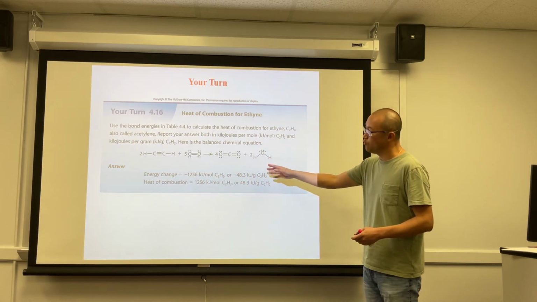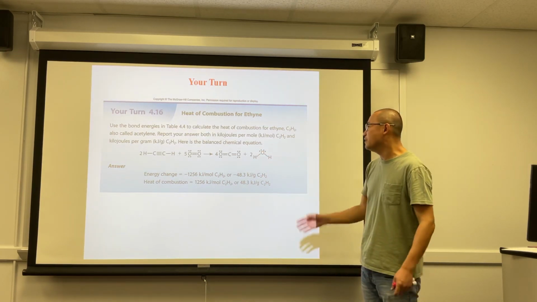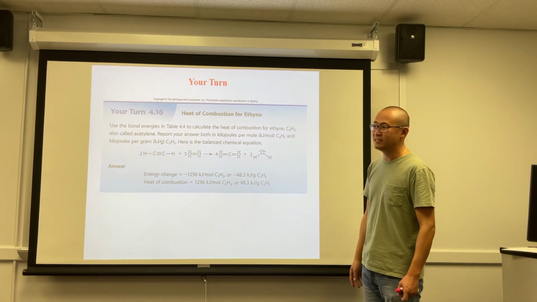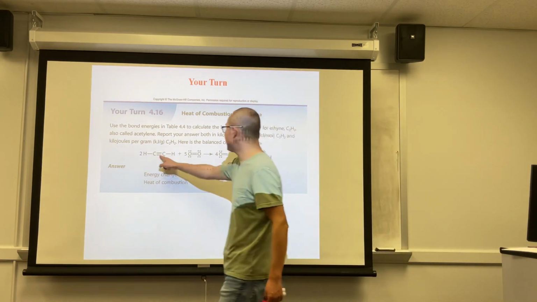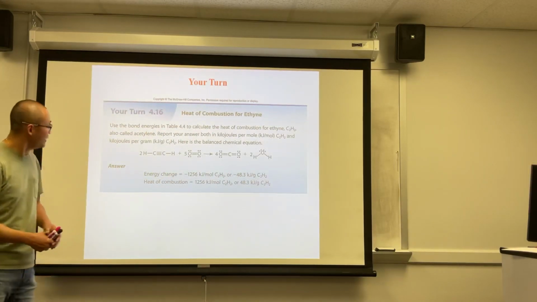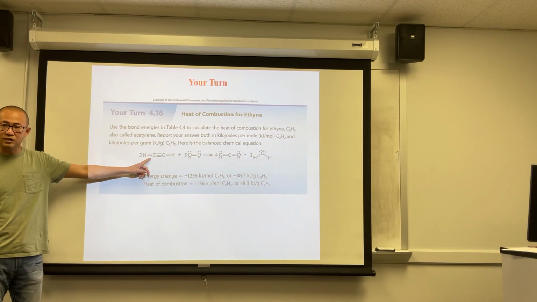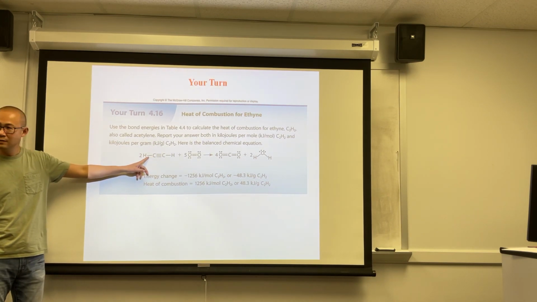Okay, let's quickly go over this reaction and figure out how many bonds are breaking and how many formed. I want you to use it as an example. This is the Lewis structure of acetylene. In this structure, we have what?